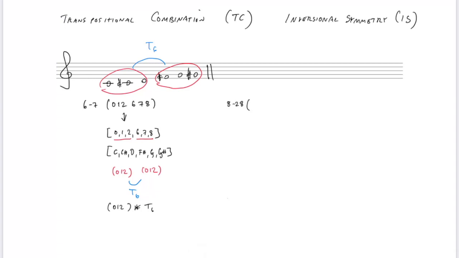And this particular octachord is known as the octatonic scale, or mode 2 in Messiaen's modes of limited transposition. 0, 3, 4, 6, 7, 9, 10. Let's convert that into a pitch class set. So we have 0, 1, 3, 4, 6, 7, 9, 10.